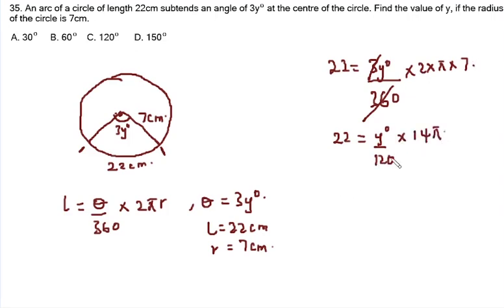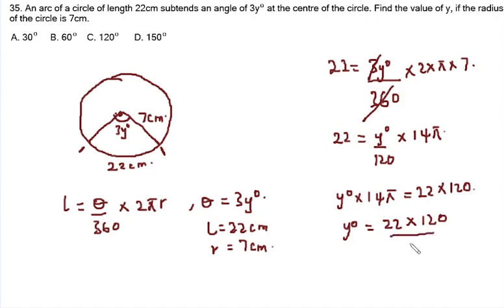Cross multiplying, we have y degrees times 14 pi is equal to 22 times 120. From here, we can divide both sides by 14 pi, so we have 22 times 120 over 14 pi. Okay, so remember that pi is equal to 22 over 7.